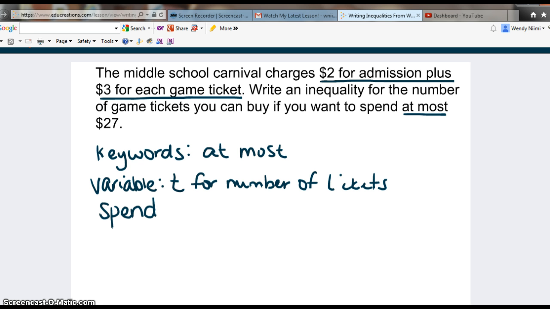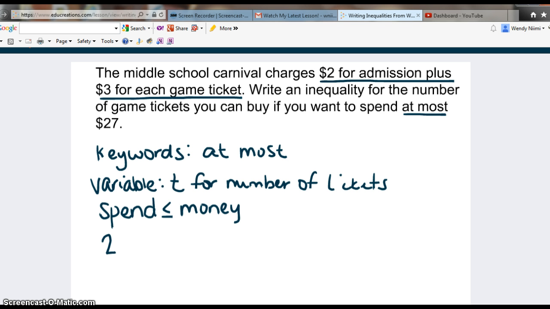So what we're going to do is talk about one side of our inequality as what we spend. That needs to be less than or equal to the amount of money we have, which is $27. So starting on our side, we have $2 for our admission.